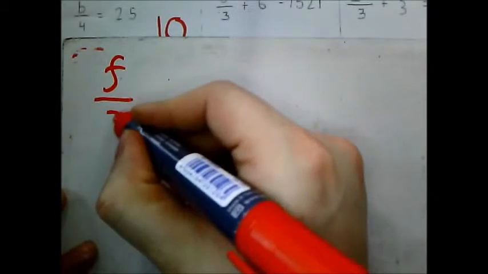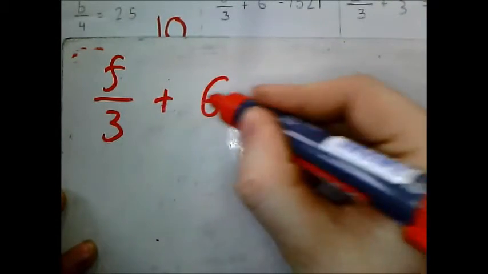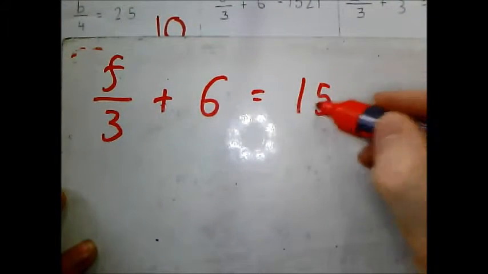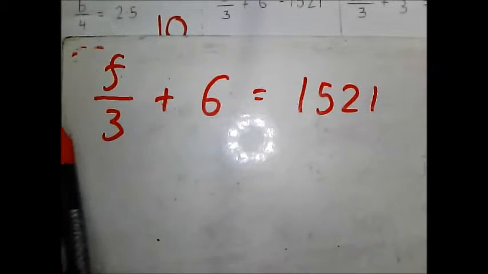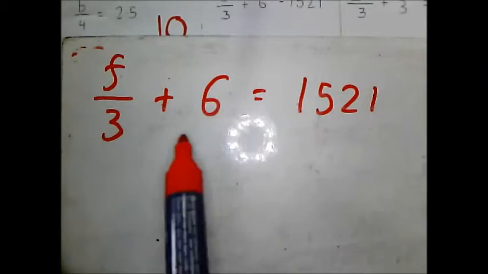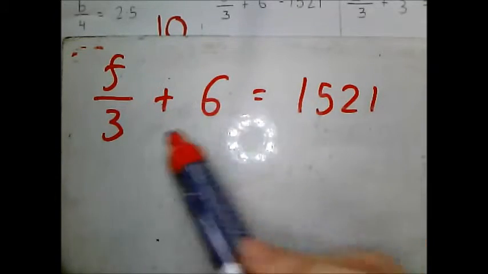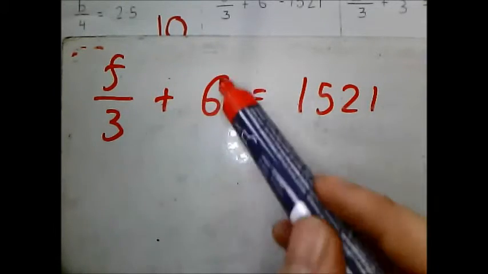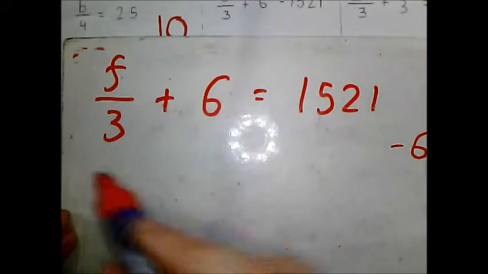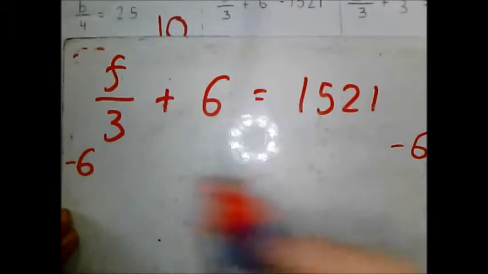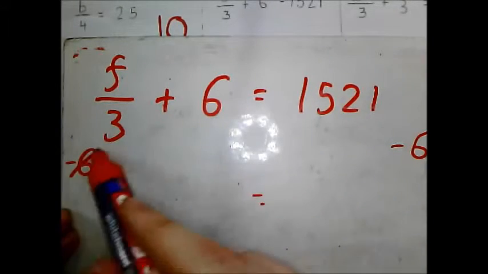Okay, next question. f over 3 plus 6 is equal to 1521. So again, I can't multiply by 3 to both sides, because then it will affect this plus 6 as well. So I'm instead going to get rid of this plus 6 first. So I'm going to take away 6 from both sides.